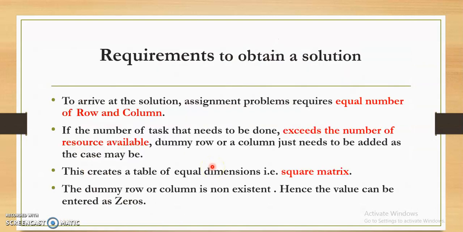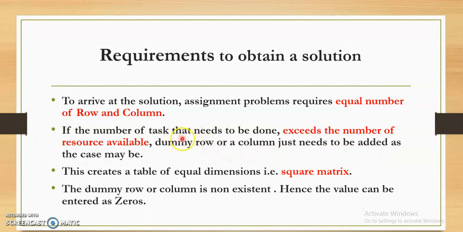Now what are the requirements to obtain a solution? To arrive at the solution, the problem requires an equal number of rows and columns. So this is the case of a balanced assignment problem. If the number of tasks that need to be done exceeds the number of resources available, a dummy row or column needs to be added, as the case may be.